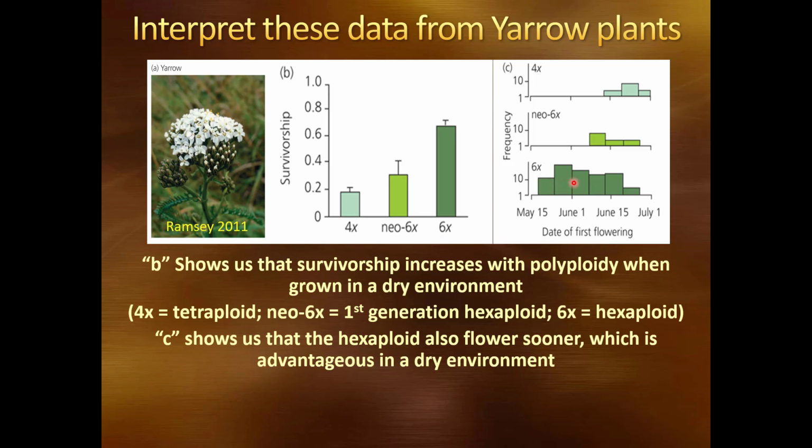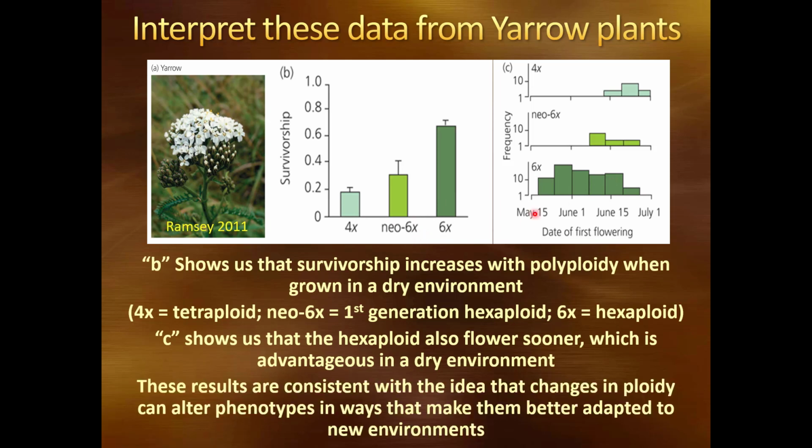So one can only assume that that would potentially also increase its reproductive ability. Now we see increases in its survivorship, and we also see potential increases in its ability to reproduce. So they're probably better adapted in particular environments. In this case, probably these dry environments, they do much better than, say, the original tetraploid species that they came from.